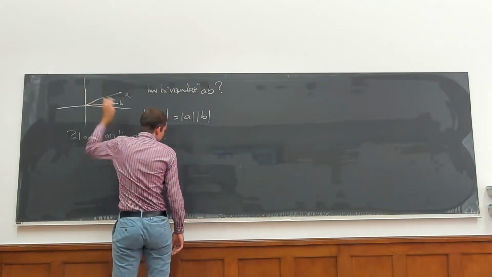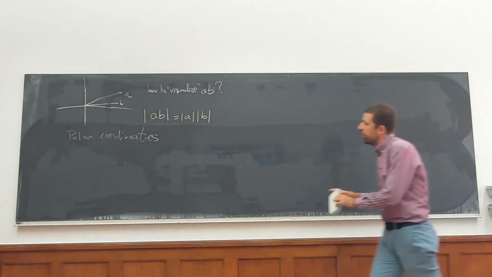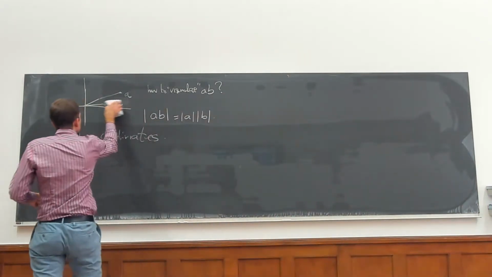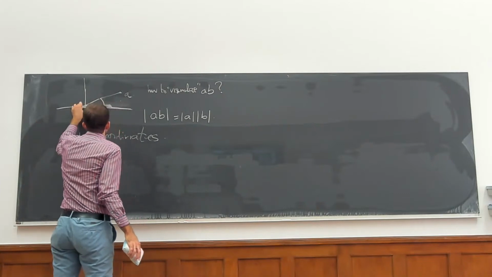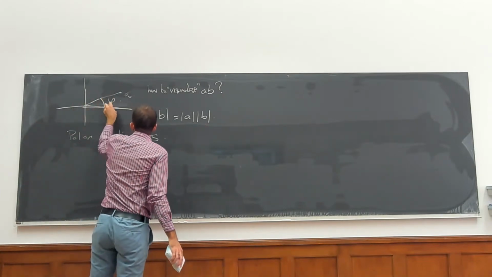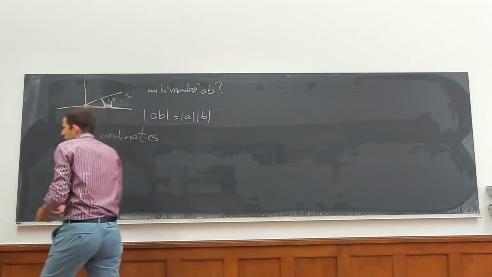And so let me erase B so that I have a bit more room. Let's say I have an angle phi.